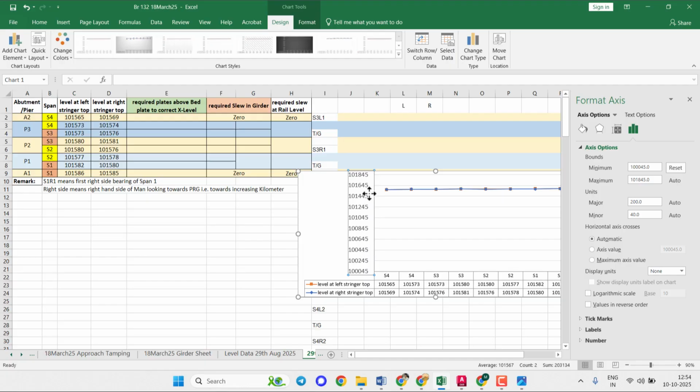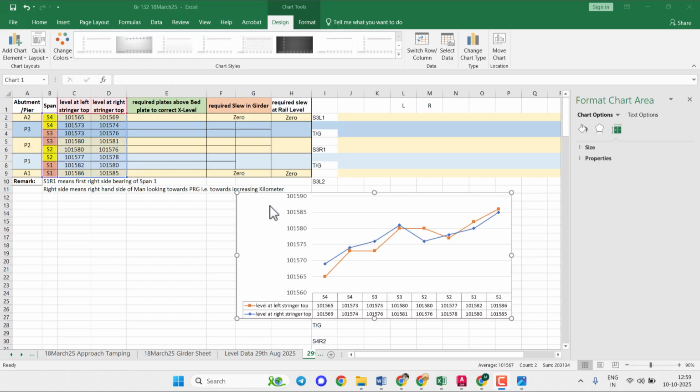So, all the levels are 5, 6, 5, 5, 6, 5. We may open the presentation also, or I may explain it here only. These 2 points correspond to abutment A2, and these differences are just 4 mm. These 4 are on pier 3, so very close to each other.